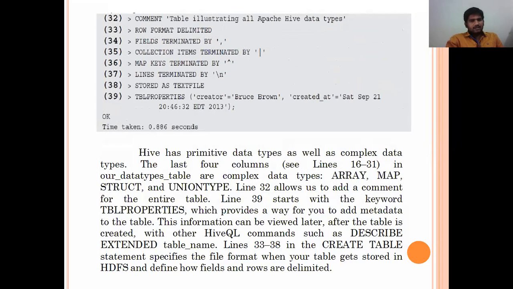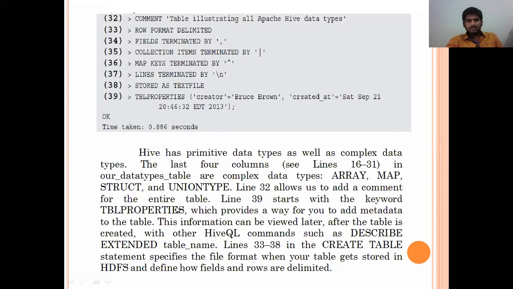And line 39 starts with the keyword TBLPROPERTIES. That is the table properties. So what is the meaning of table properties? It provides a way to add metadata on the table. So that is how the fields are going to be terminated by the comma, the collection by the slash, the map key by the caret symbol, and lines terminated by slash n.